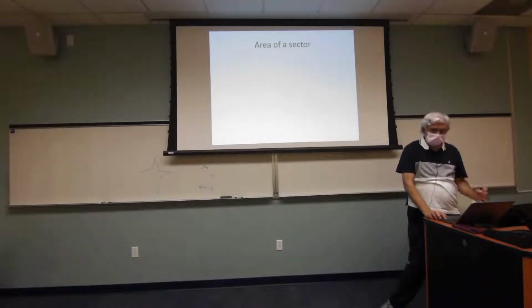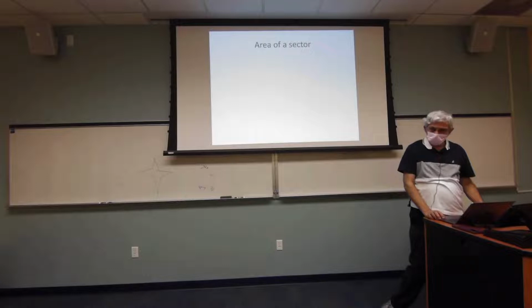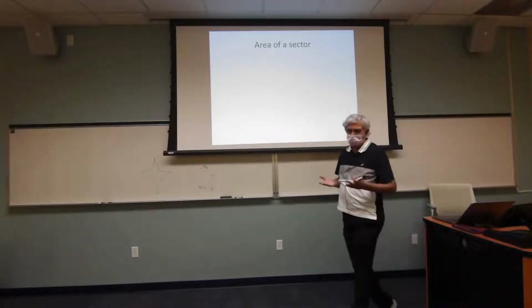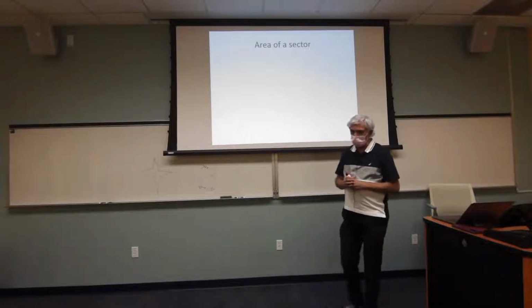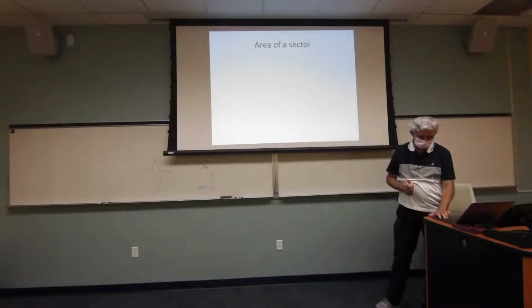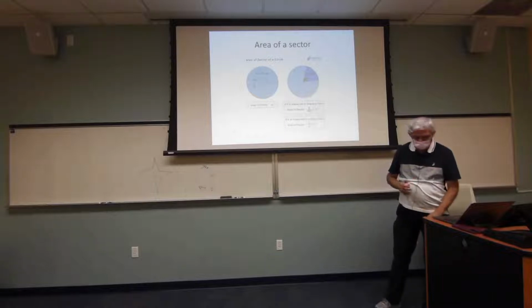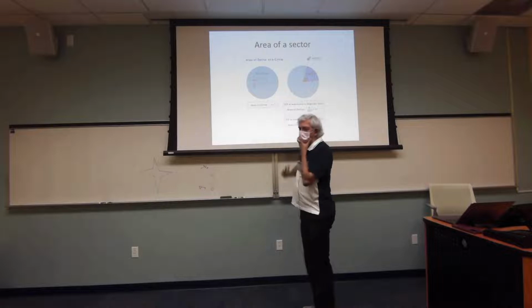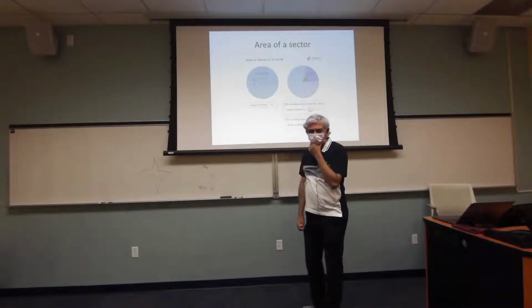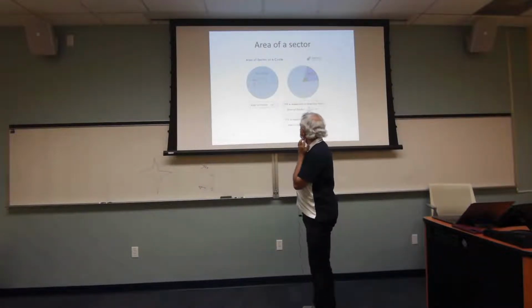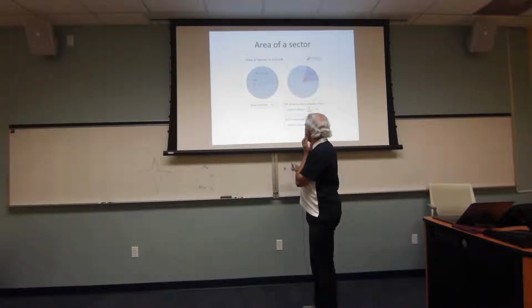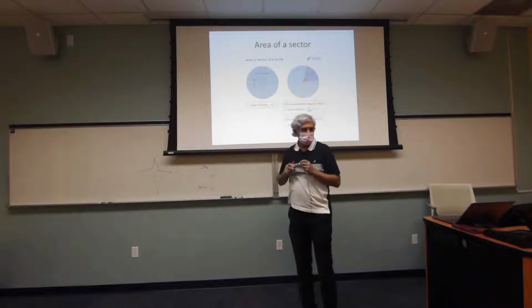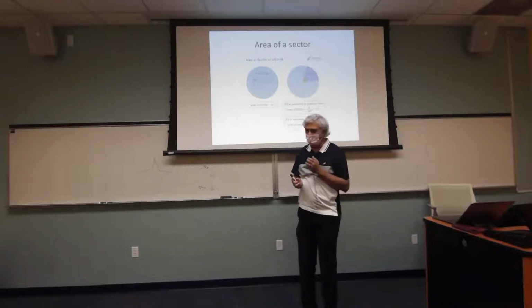Okay, so what's the area of a sector? It all comes from the area of a circle, right? So here's something from the web, quite easy. Area of the regular circle is pi times r squared. But that's because the entire angle that you're turning is 2 pi.